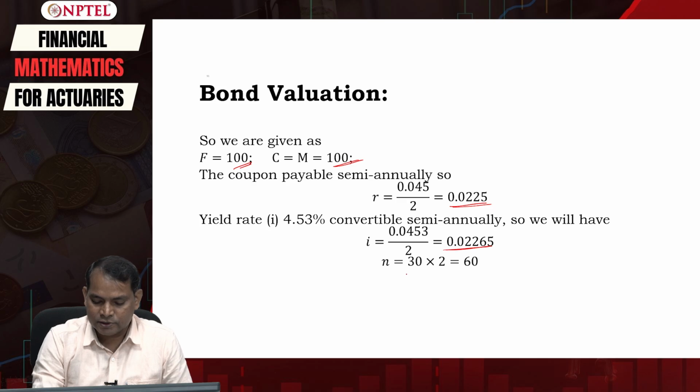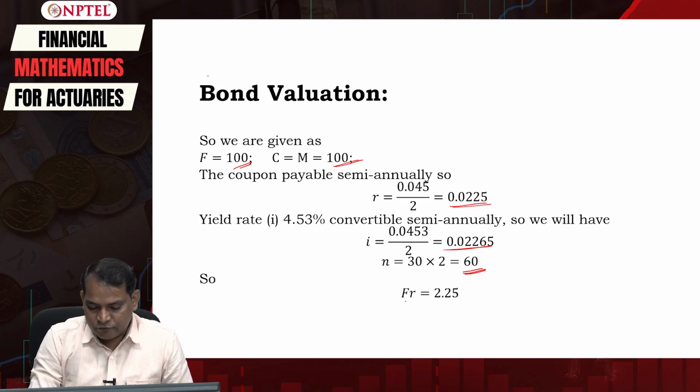And n is 30 years, and since the coupon is payable semi-annually, we multiply this by 2, so n will be 60. Instead of 30 we are going to use 60, right.